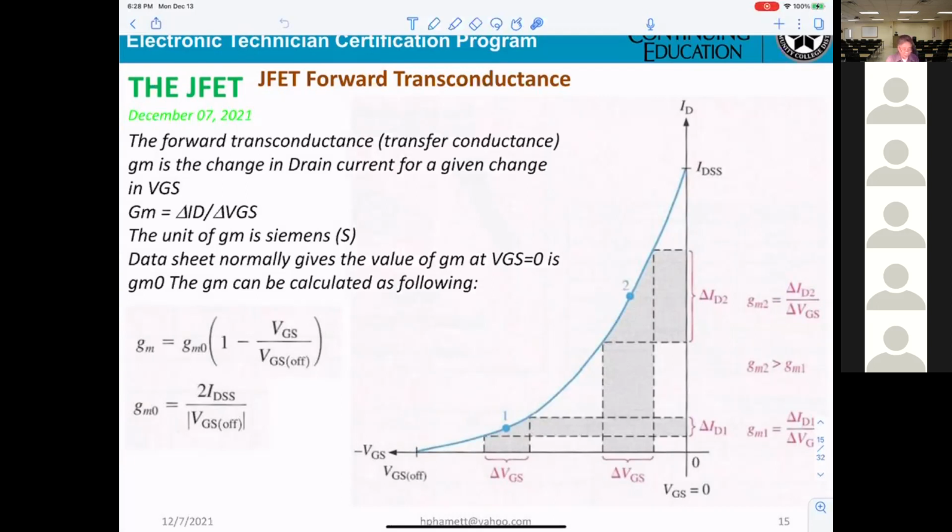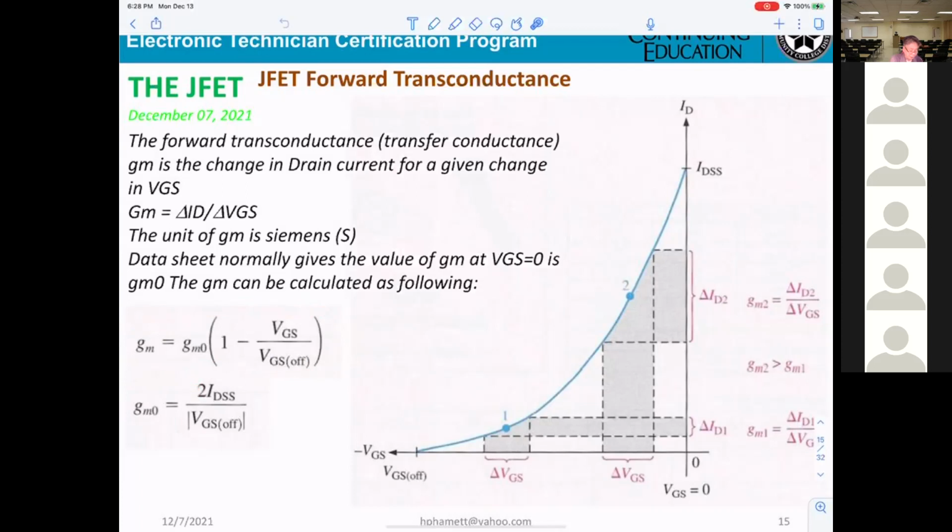So for the forward transconductance, what I recommend is you just memorize the basic definition, the ratio between the delta of the ID and the delta of VGS. On the picture, they already show you, but this we don't care about. However, you need to know how to calculate the GM.